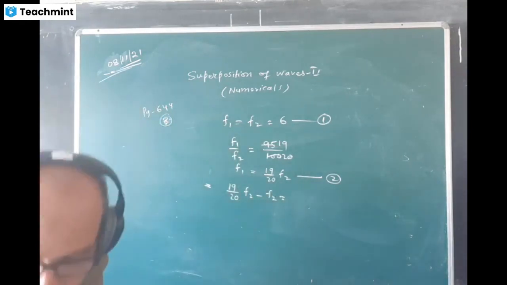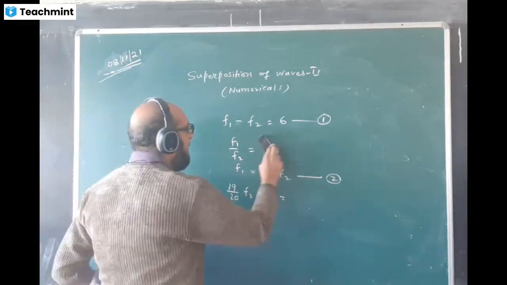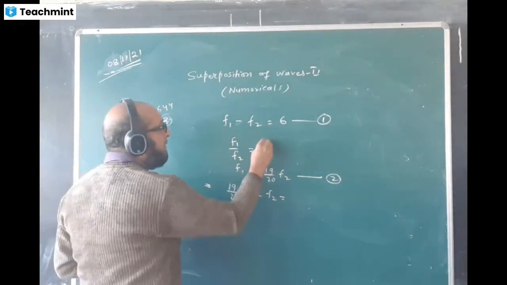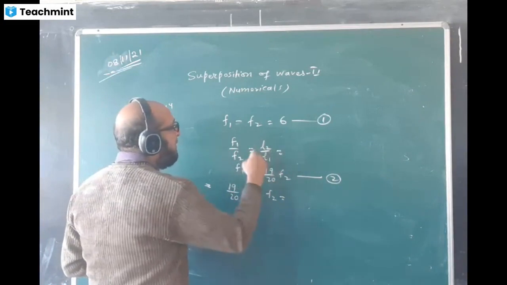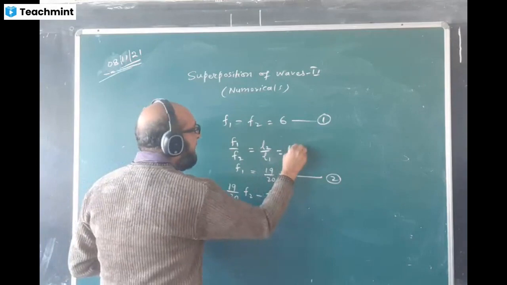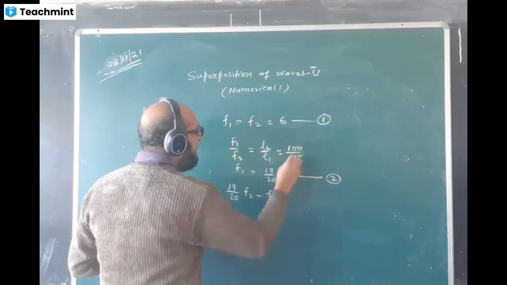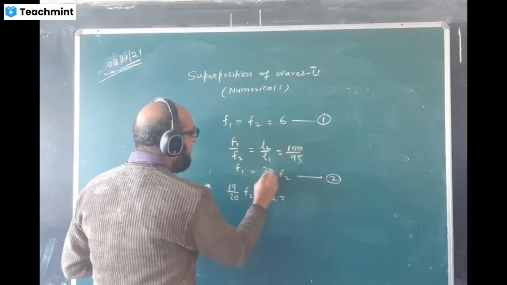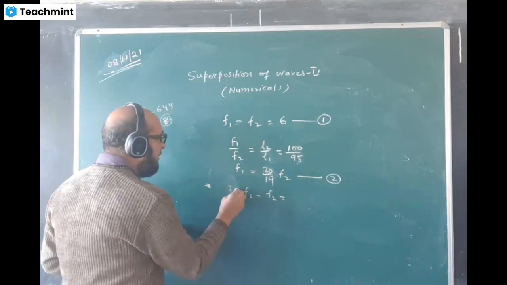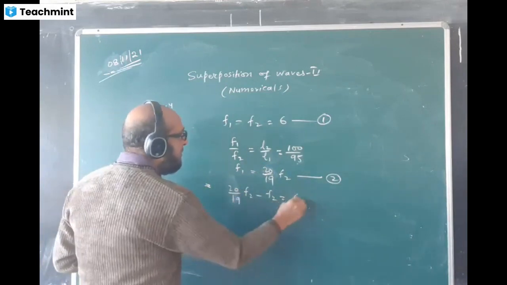Okay, one mistake I have made out here. I have taken F1 bigger. So take the length the opposite way, L2 by L1. The frequency and length are inversely proportional. This will be 100 by 95. Correction please. This will become 20 by 19. Here I must write 20 by 19 F2 minus F2 is equal to 6.